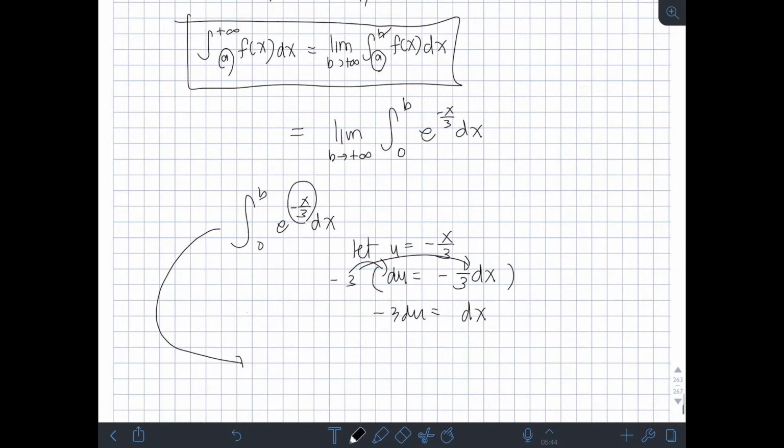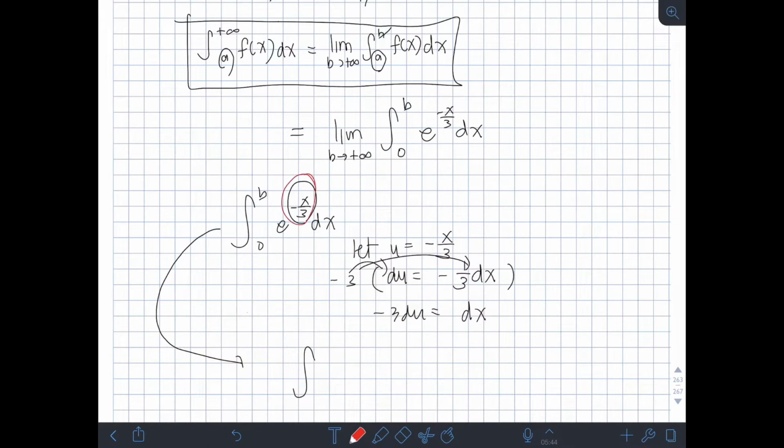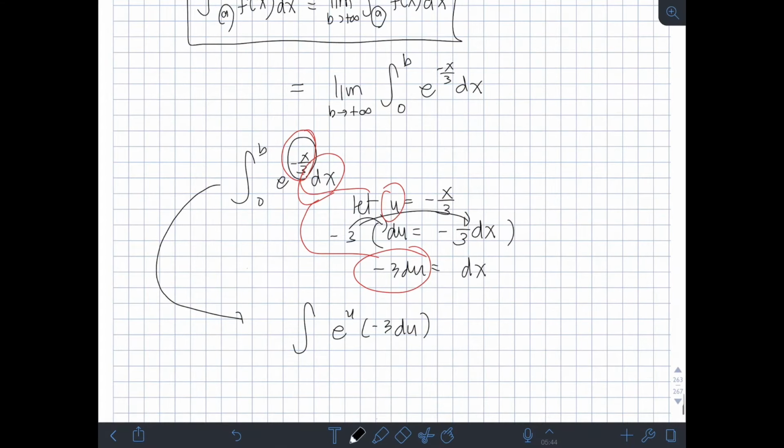So that our integral can be written as, this negative x over 3 is simply u, and this dx is equivalent to negative 3 du. So, we have e raised to u times negative 3 du. This negative 3, I will just move it outside, so it becomes negative 3 times the integral of e raised to u du.